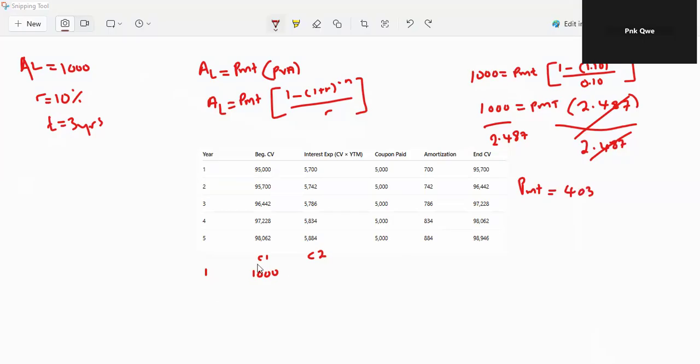Okay. So at this point, we now need to amortize this loan completely. So I can use this schedule for you to understand. Depending on the book you're using, you can use any schedule that you want.